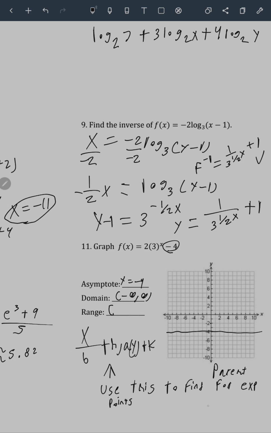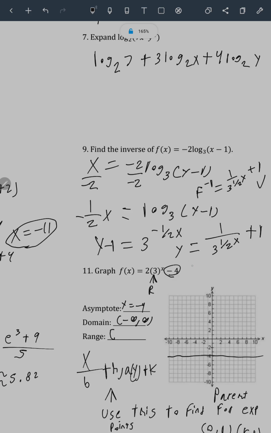It is 0, 1. Now our R is this thing. So we've got 0, 1, and we've got 3, 1.